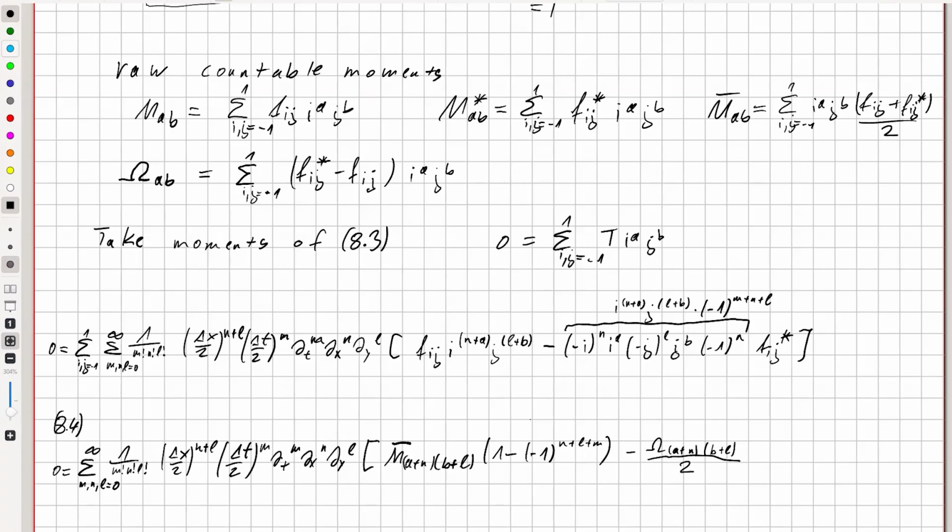Otherwise they come up twice. And here it goes the opposite way. This only comes when there is not a 1 minus, but a 1 plus, minus 1 to the power of n plus l plus m. So you see, for any combination of n plus l plus m, you either get this moment or you get this moment here, but you never get both of them together. Yeah?